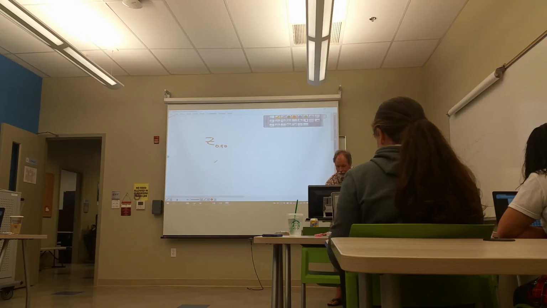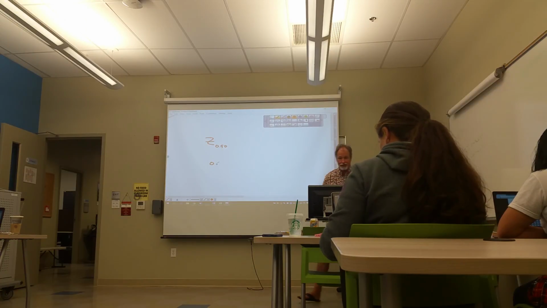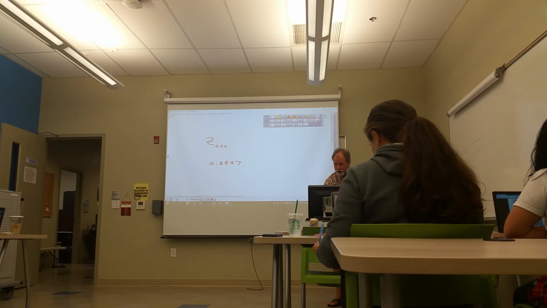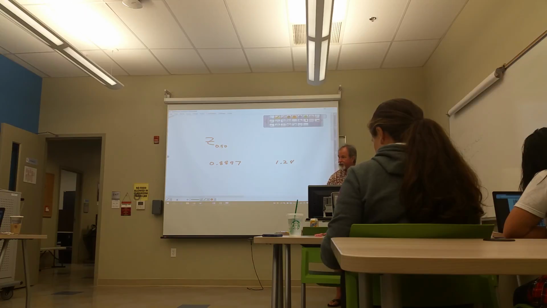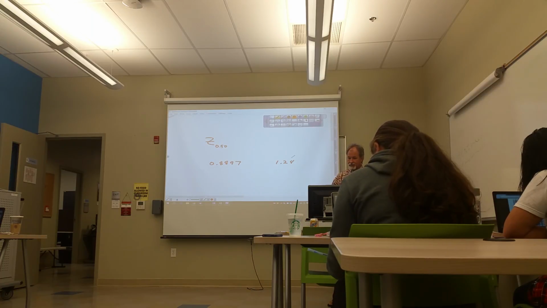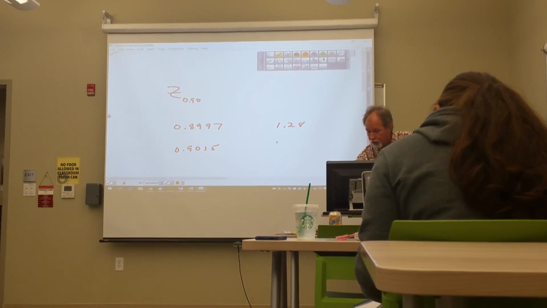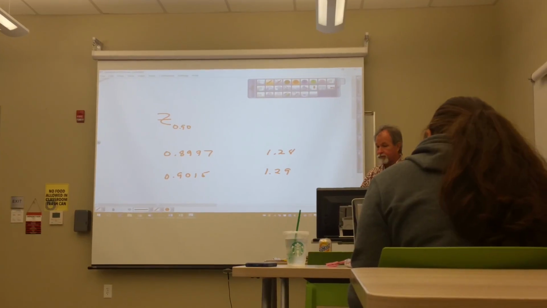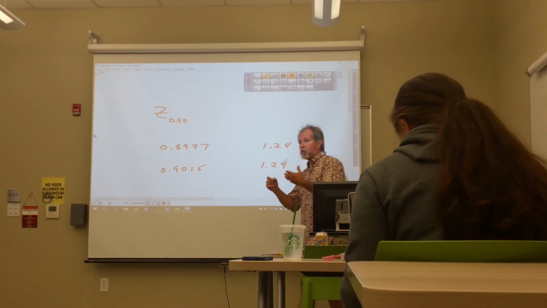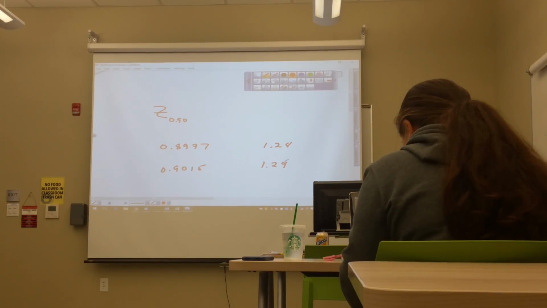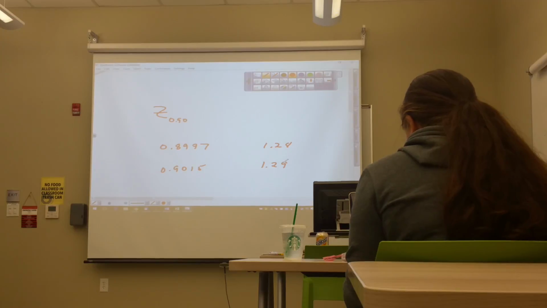What I found was 0.8997, which was 1.28, and then I had 0.9015, which was 1.29. So the z-score I want is somewhere between 1.28 and 1.29. If I'm using the table, that's the best I can sort of do.